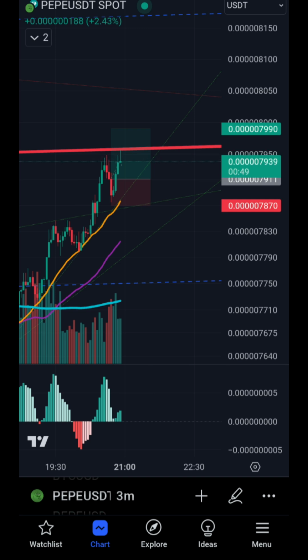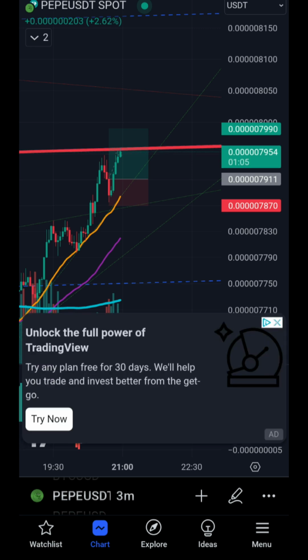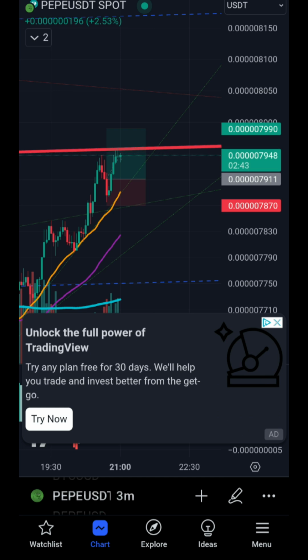When it's slow, you don't really notice that much, but with time, you notice it more. Trying to cross it. If only it was that easy and we just win the trade. Okay, it's going down from it now.